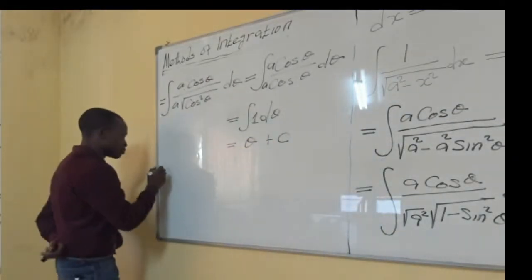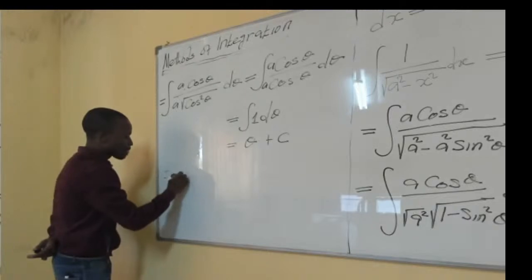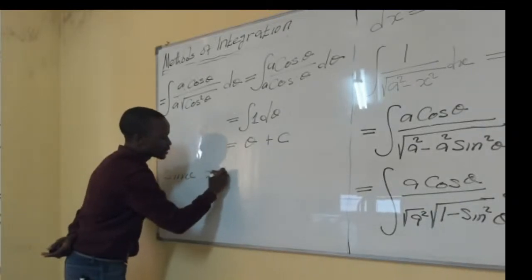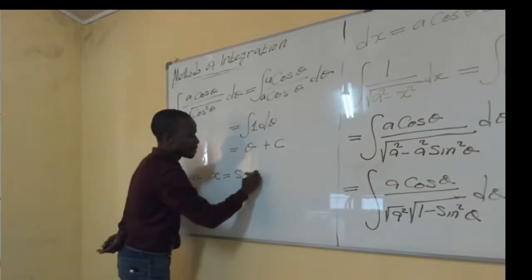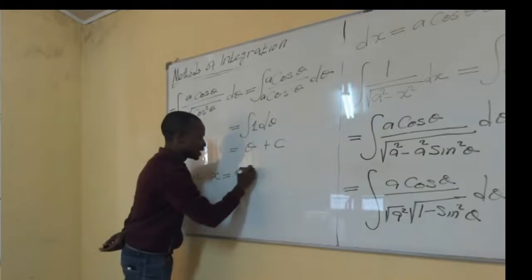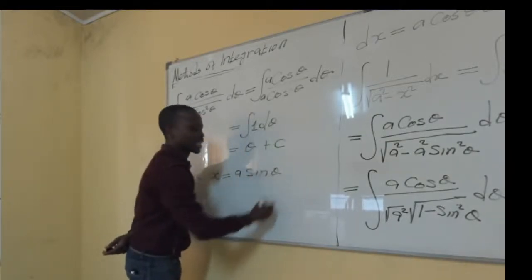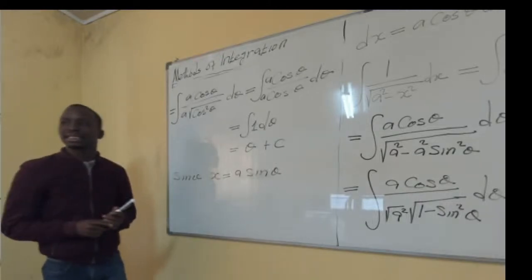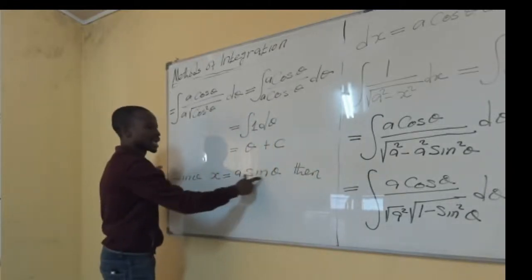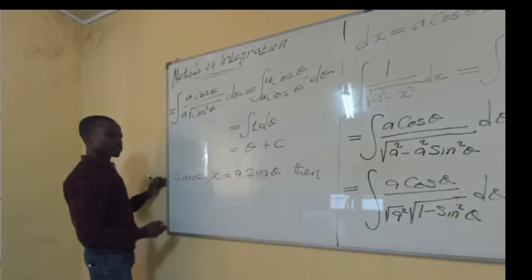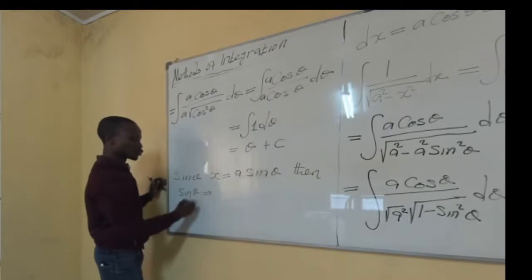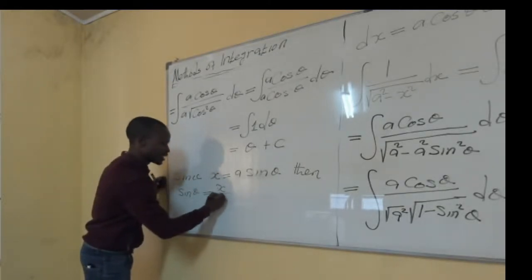So this is where, since you changed variables, x was equal to what? We said x is equal to a times the sine of theta. If this is the case, then the sine of theta will be equal to x divided by a.